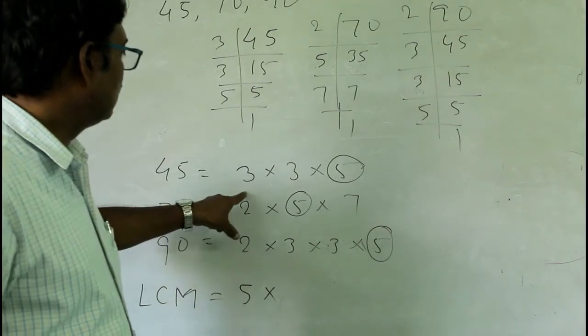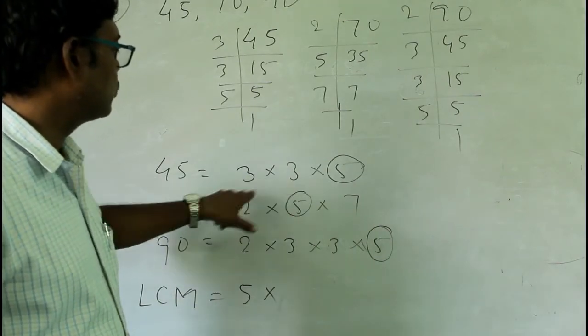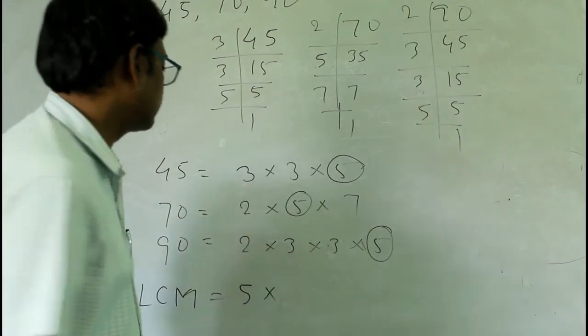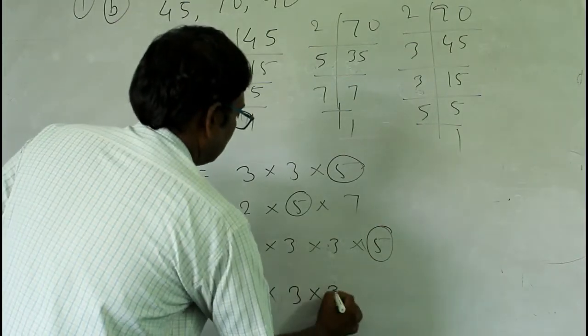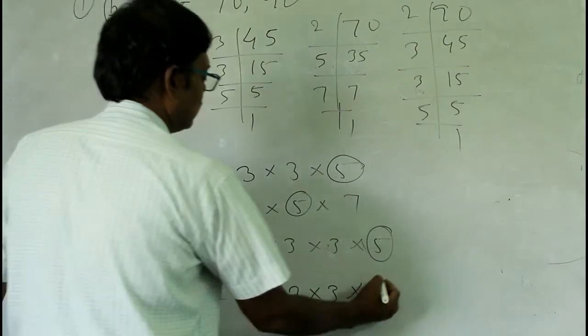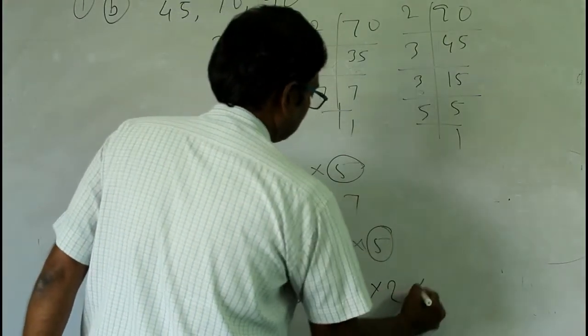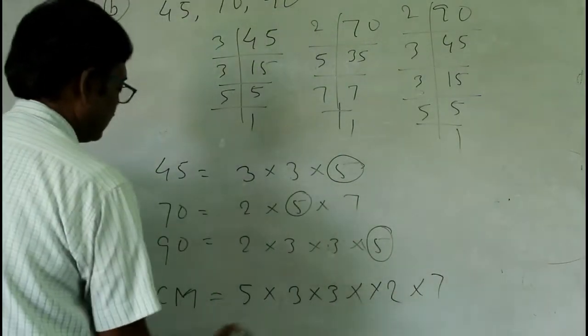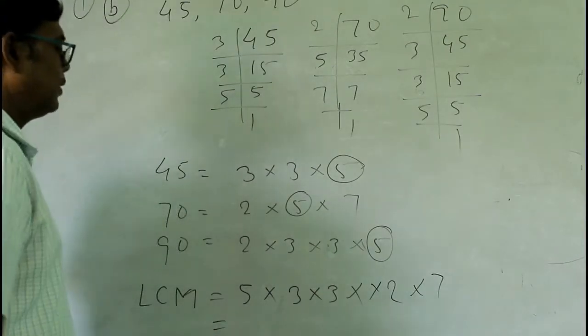Now see that 3 appears twice here, so write 3 into 3. Then 2 appears once, so write 2, and 7, so write 7 also. Then multiply all these numbers, and that will be the LCM.